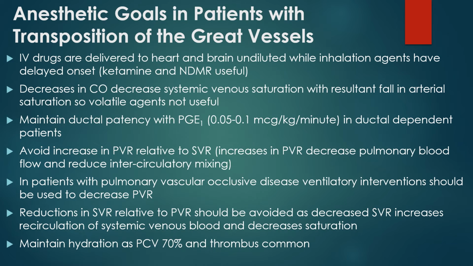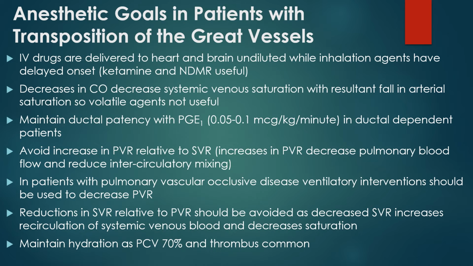We're going to avoid increases in pulmonary vascular resistance relative to SVR. Increases in PVR are going to decrease pulmonary blood flow and reduce intercirculatory mixing. So just about the time you're figuring out what PVR manipulation and SVR manipulation do, now we've got transposition of the great vessels, so it makes no sense whatsoever. So just bear with me for just a minute.